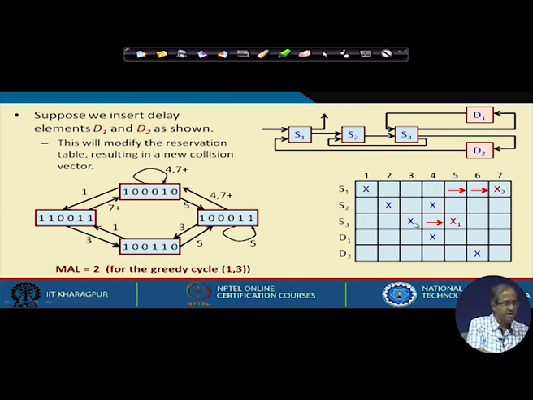Now, the forbidden latencies here are 2 and 6. If you compute the state transition diagram in a similar way, this is the state transition diagram which is obtained, and if you compute the greedy cycles, in this case the best cycle is 1 and 3, 1 3 1 3 1 3, which results in an average of 2.